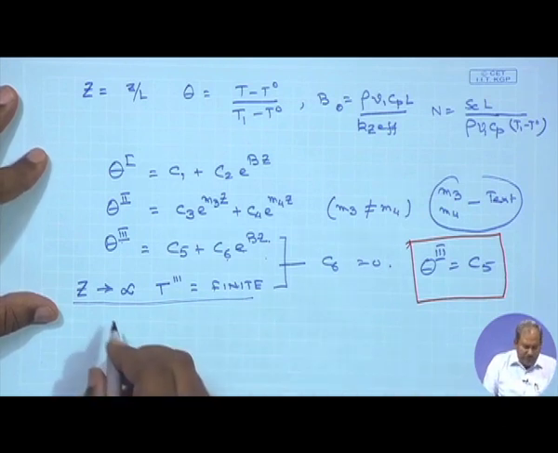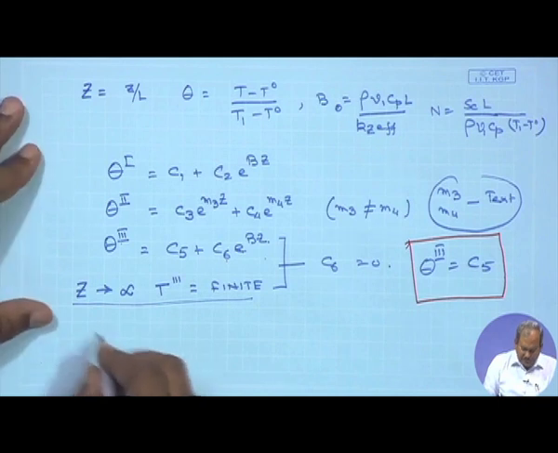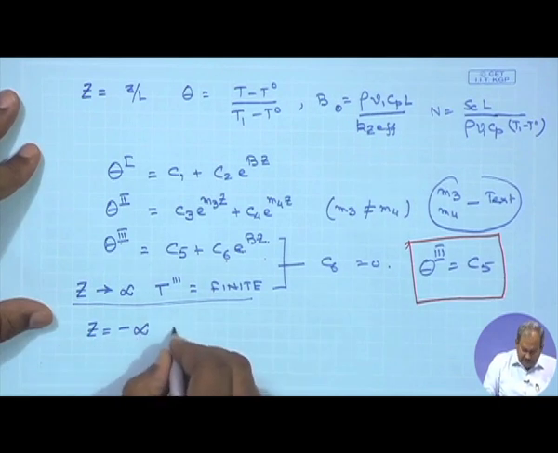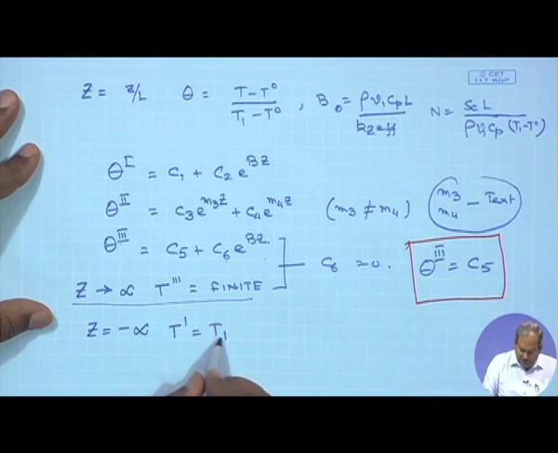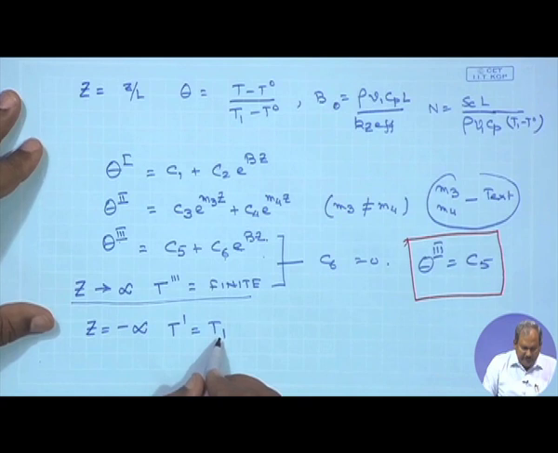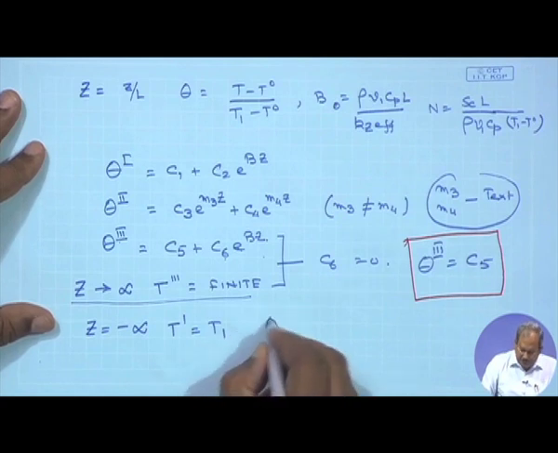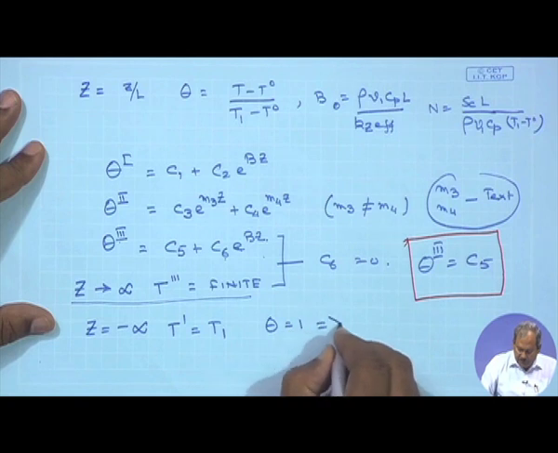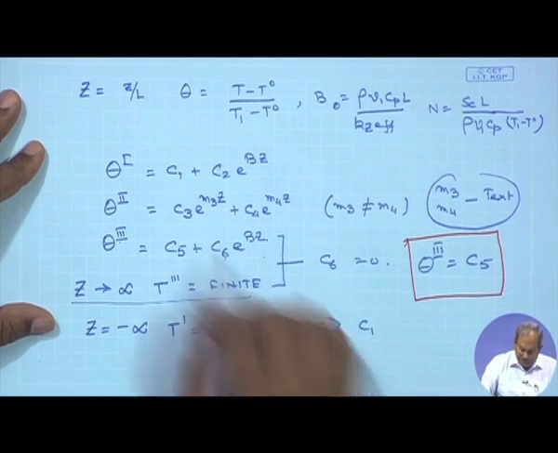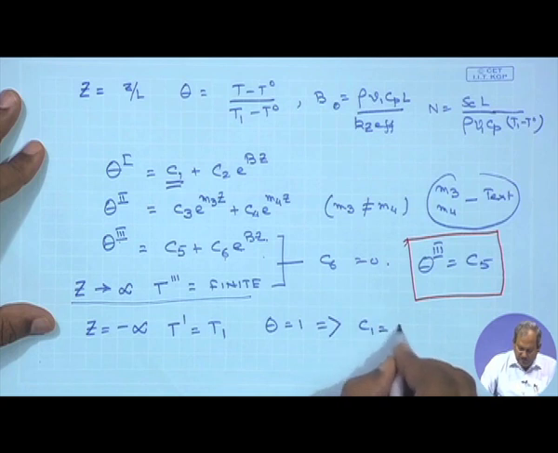And the other one that you can do is at z equals minus infinity, T1 is equal to T1. The temperature of zone 1 is equal to the temperature at which the reactants enter the reaction system, which simply tells you that theta is equal to 1, and this would give rise to C1 equal to 1.